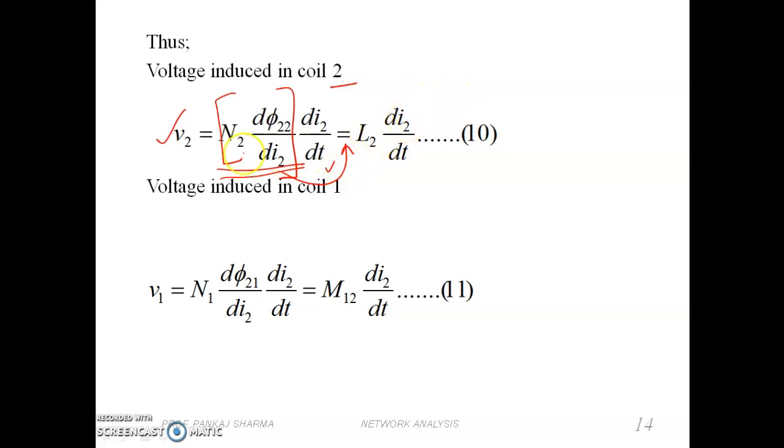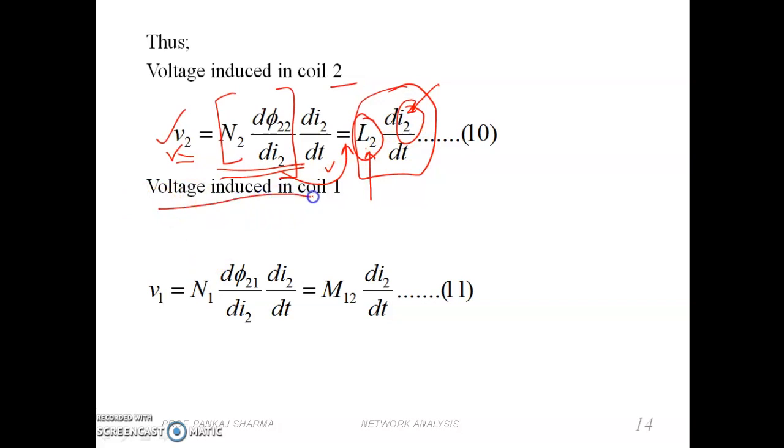So V2 is equal to L2 into di2 by dt, the voltage because of self inductance of coil number 2. And the value of current flowing in coil number 2 is your I2.